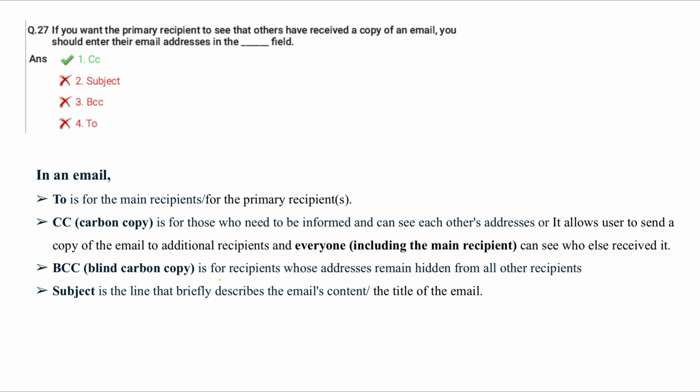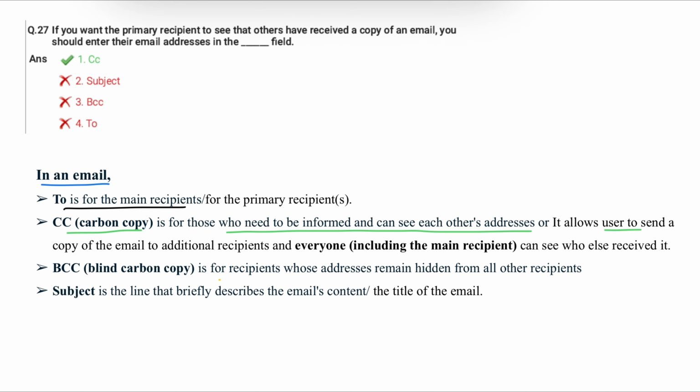Question number 27. If you want the primary recipient to see that others have received a copy of an email, you should enter their email address in the dash field. An email consists of four things. To is for the main recipient. Carbon copy, CC, is for those who need to be informed and can see each other's addresses.